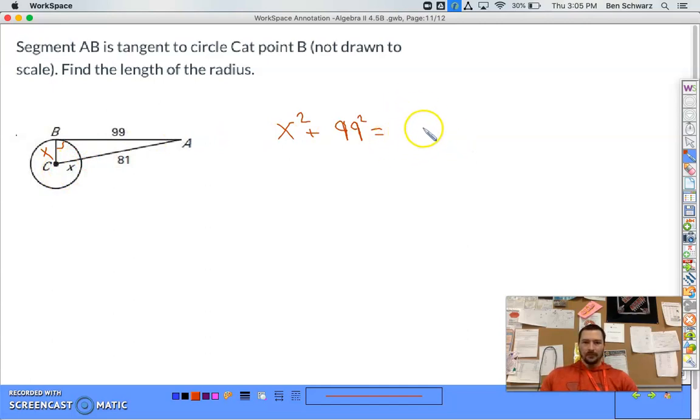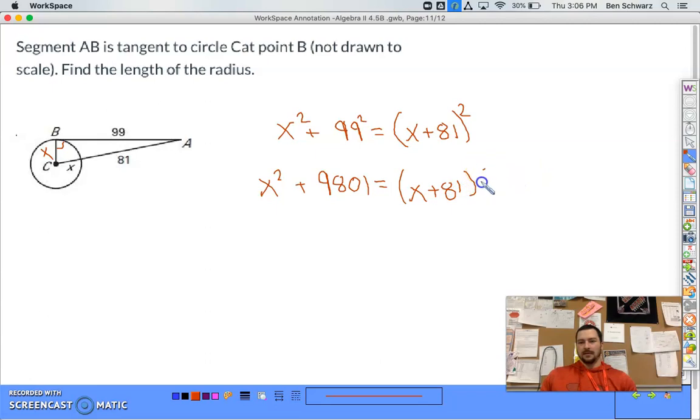So we have x plus 81 in parentheses squared. 99 squared is 9,801. Remember, when we square something like this, we have to expand it out. So x plus 81 times x plus 81.